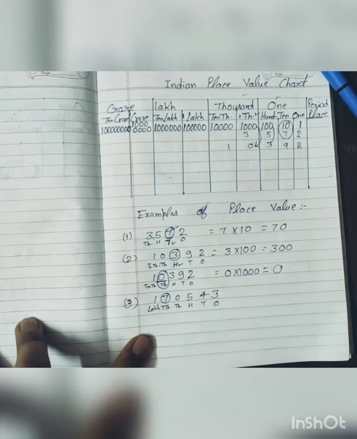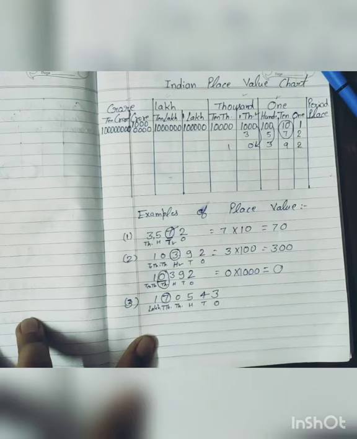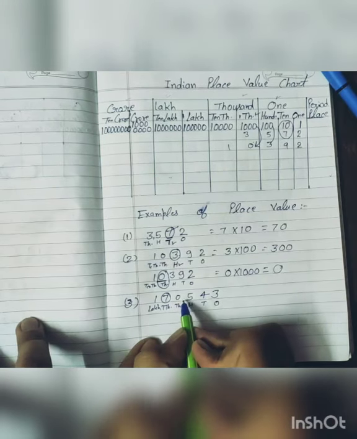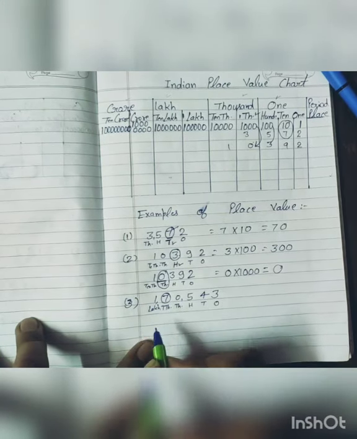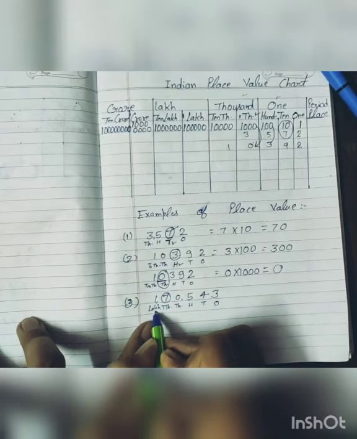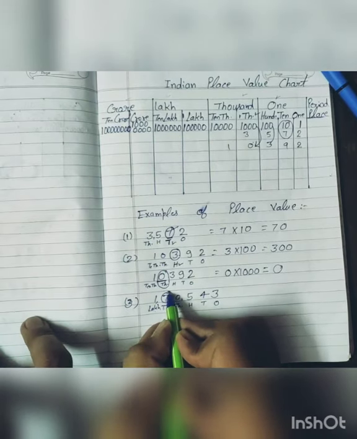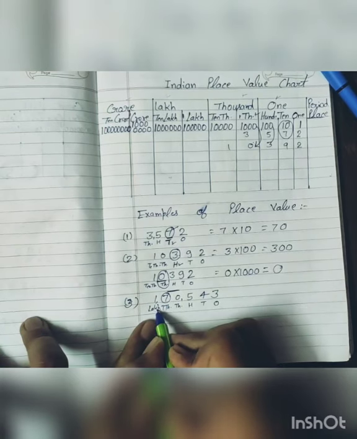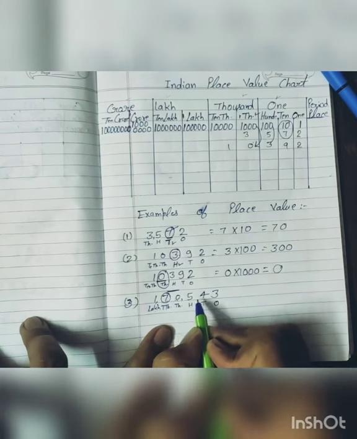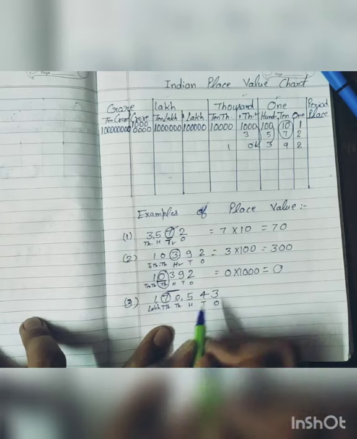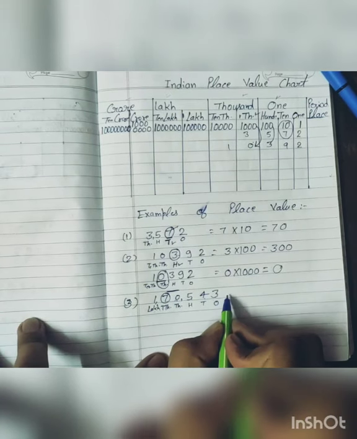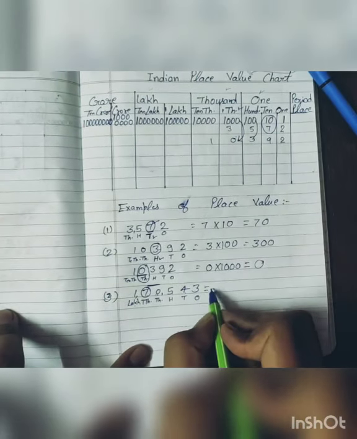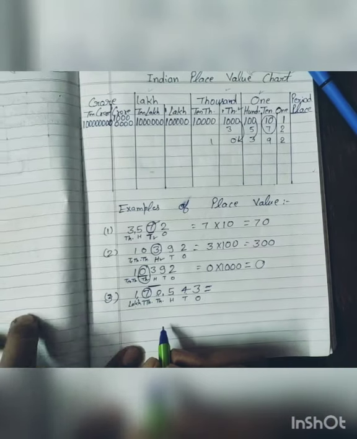Clear? If you have to name this number, what will be its name? We have done the naming. It is very simple: 1 lakh. After the 1000 place we have to name the complete number combined: 1,70,543. We have done this type of question; I am just repeating it so that you get some idea about the previous class.